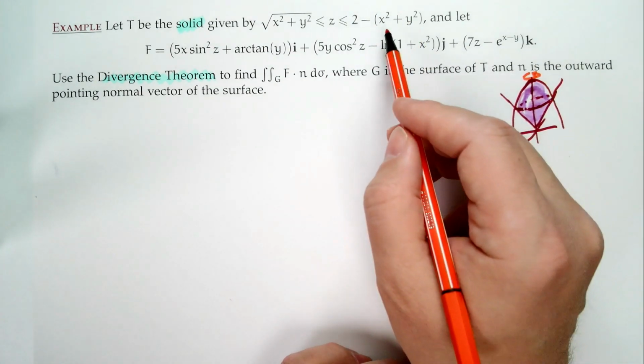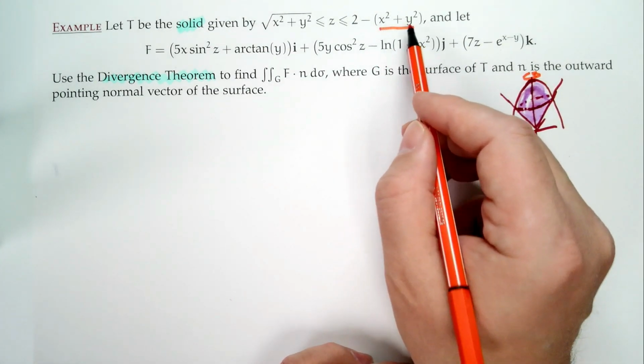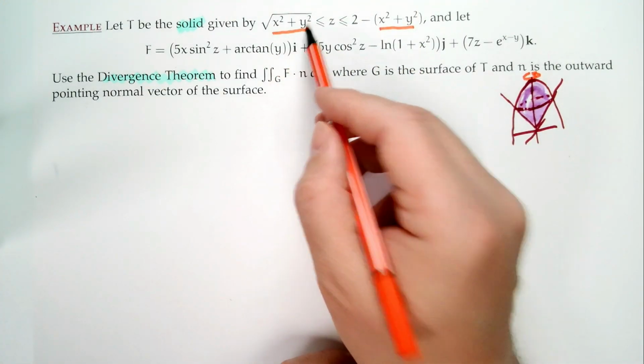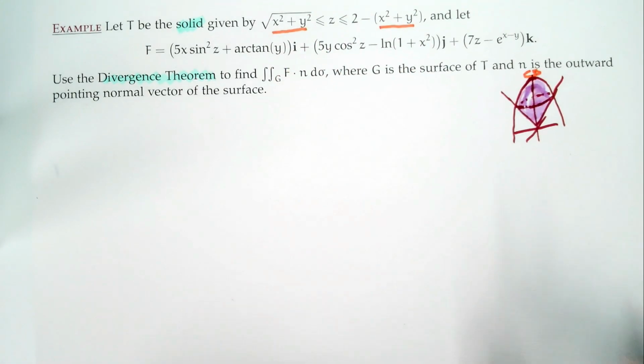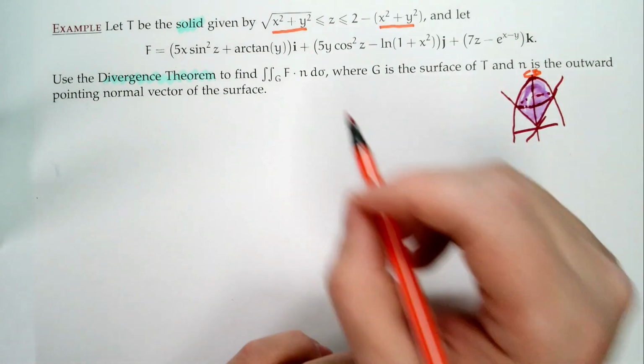The other thing that's saying, hey, think cylindrical coordinates, is we consistently see an x squared plus y squared. When you keep seeing x squared plus y squared, that's the sign to switch to cylindrical, because in that setting, x squared plus y squared becomes r squared, and life becomes good. Life becomes wonderful.